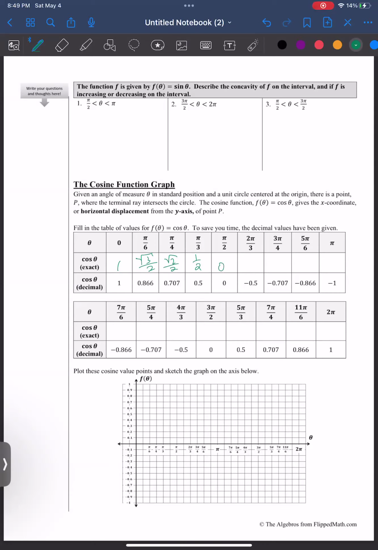But now notice in the cosine, my positives and negatives are kind of a little bit all over the place. It's kind of like a negative sandwich, right? I go from positives, I hit 0, then I'm down to the negatives.